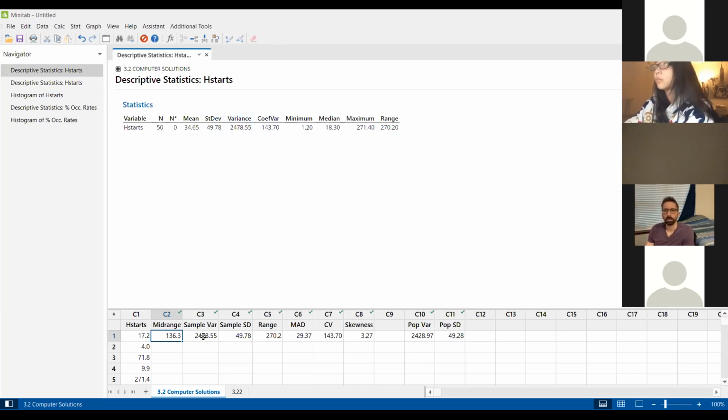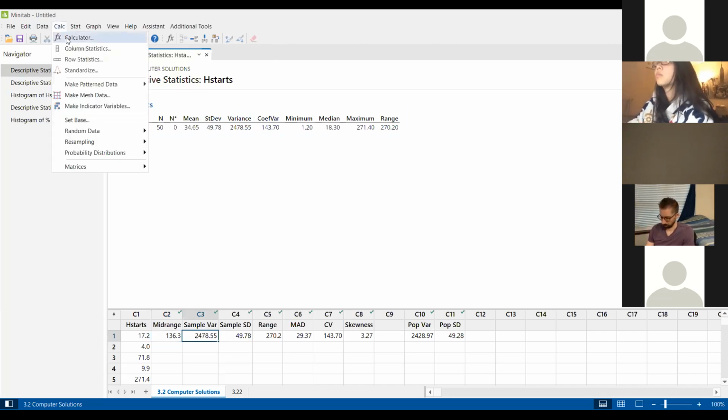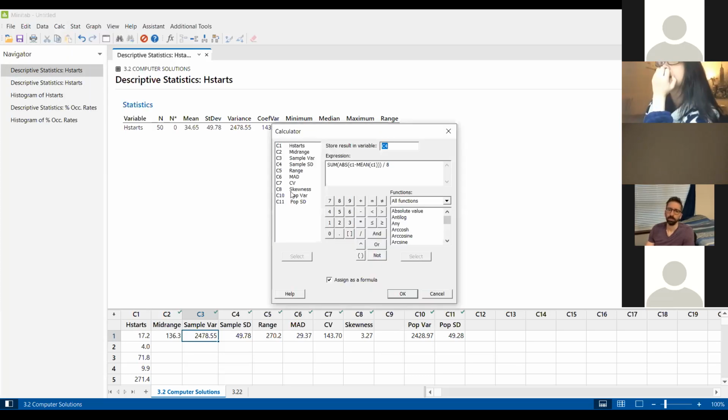So I did a little test in C3. I decided to calculate the sample variance. I thought it might default to that. So I hit calculator, and this is in C3, so let's scroll over to 3, tab down, and I did this calculation here. And this is the formula for the variance for a sample.